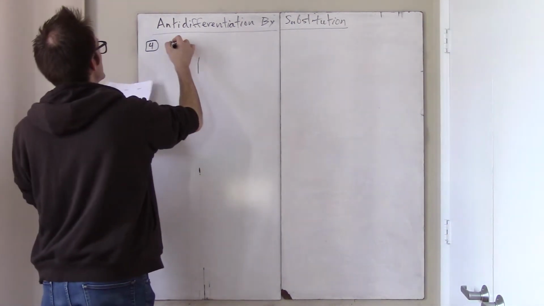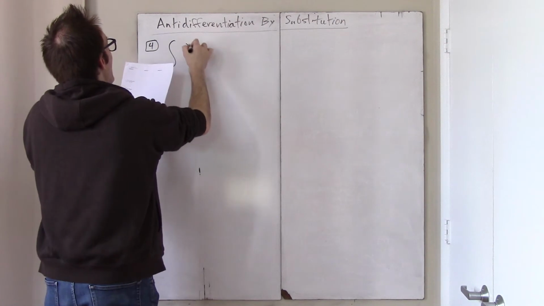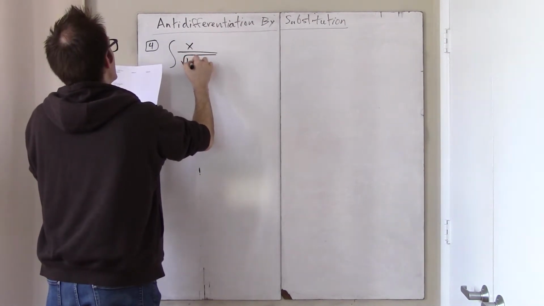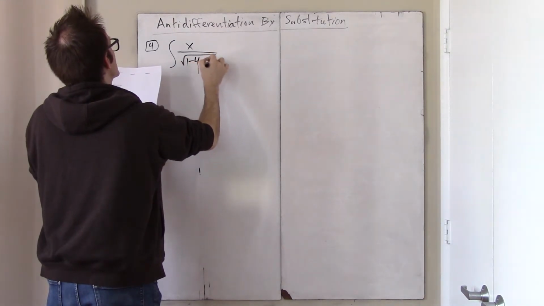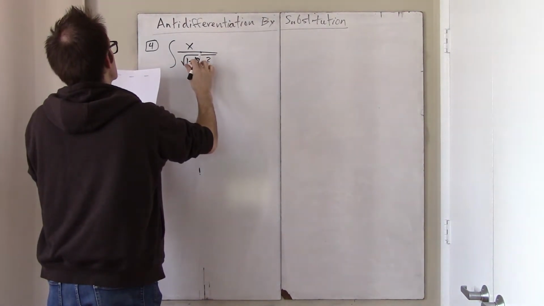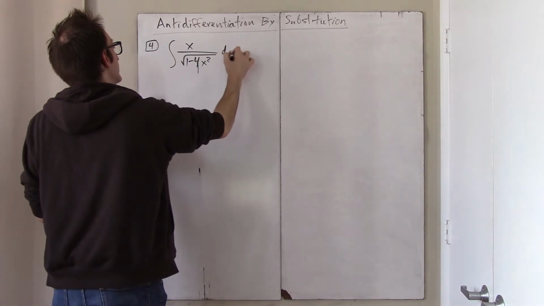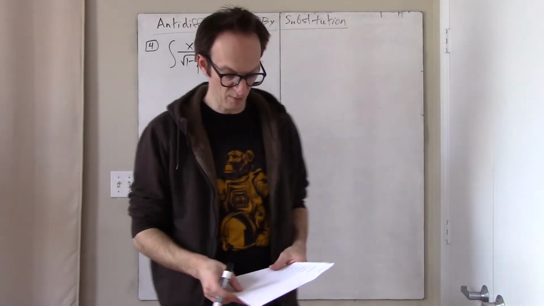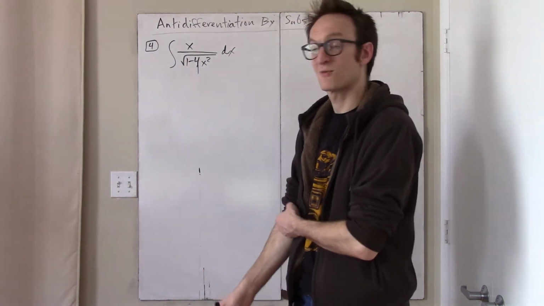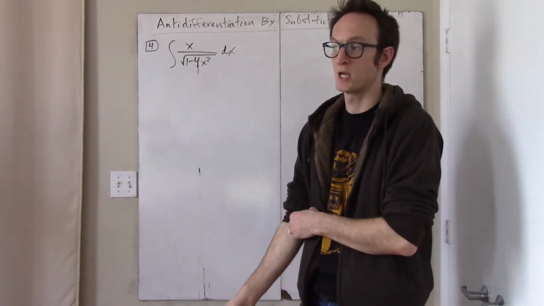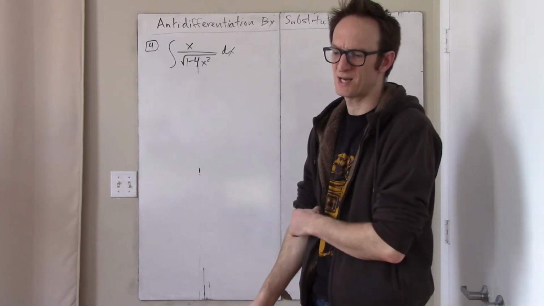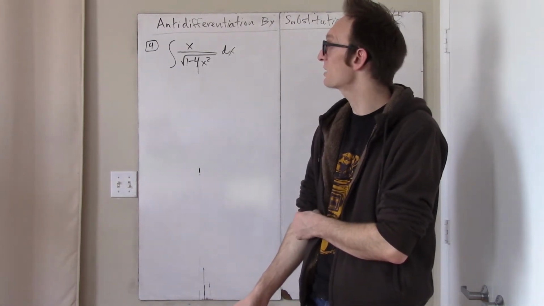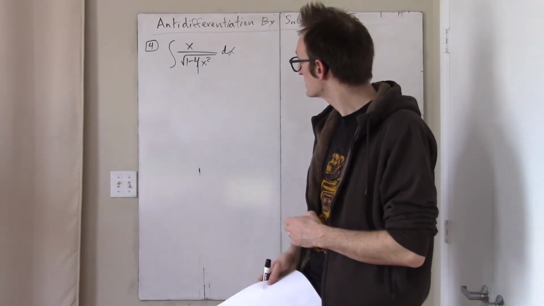So page 2, number 4, x over root 1 minus 4x squared, and here's the problem. I'm going to do perhaps half of these, maybe a little bit more than half, and whichever ones I don't do are for homework. And then we're going to skip page 8 because it's not that important. And then that's all. Okay, what's going on?